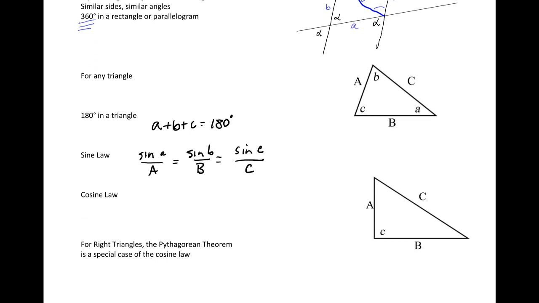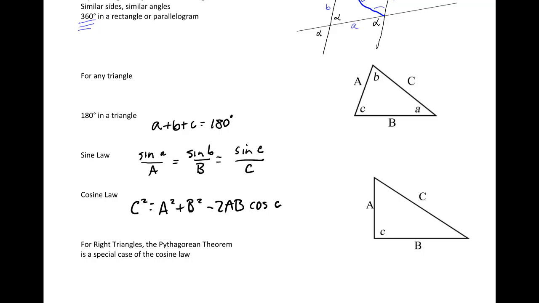If you recall, it says that c squared is equal to a squared plus b squared minus 2ab cosine of angle C. Again, just to notice that the side C is opposite the angle C, and then this would apply.